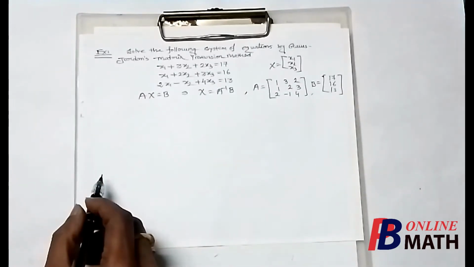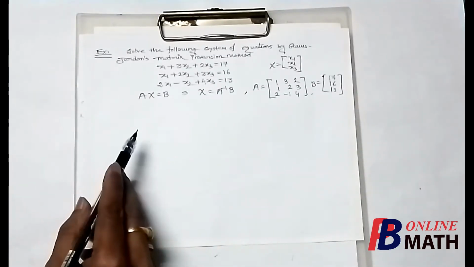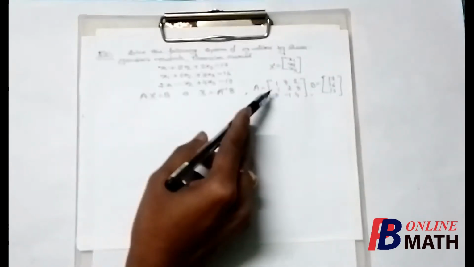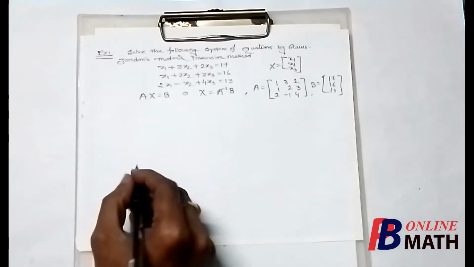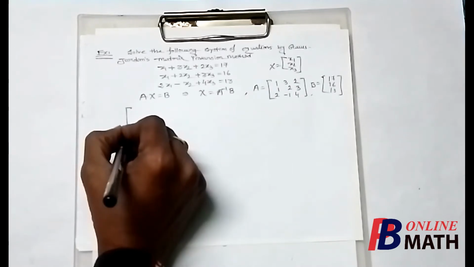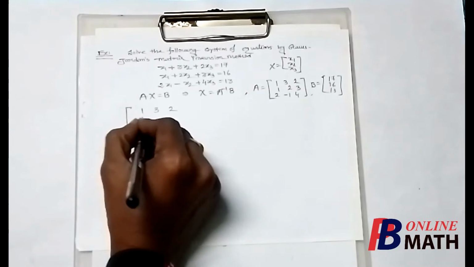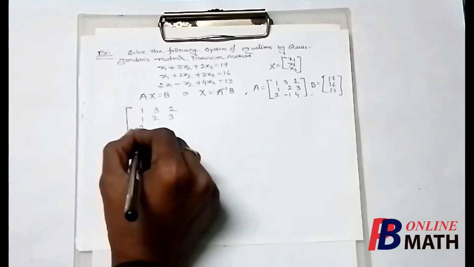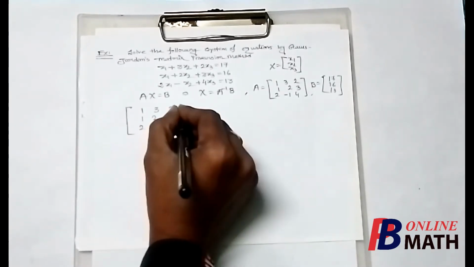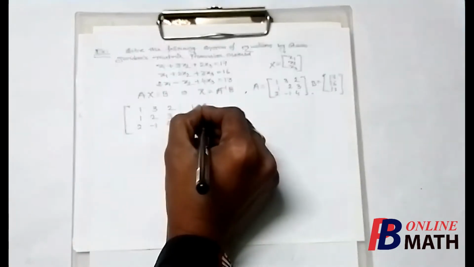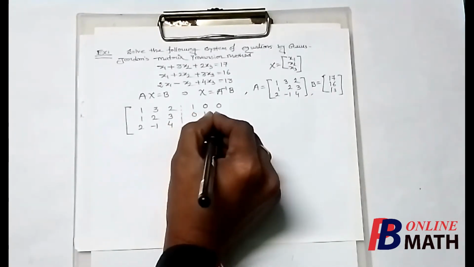So as I have said that in Gauss-Jordan's matrix inversion method, we find the inverse of this coefficient matrix. In this case, we consider this augmented matrix, the coefficient matrix, and we shall consider the identity matrix I3. Since there are three equations, so we shall consider I3 here.